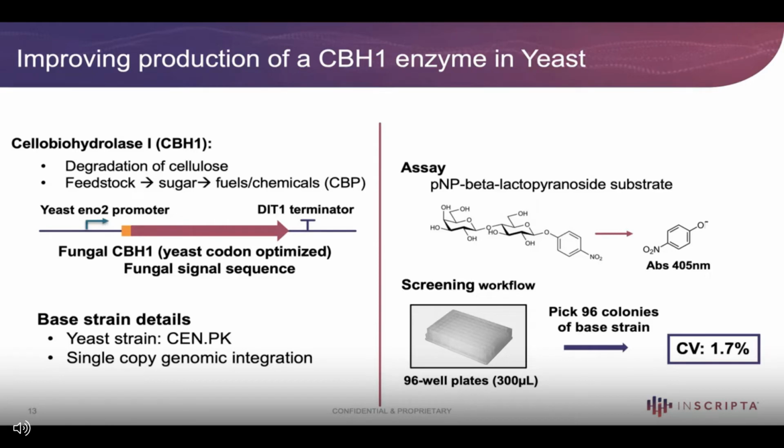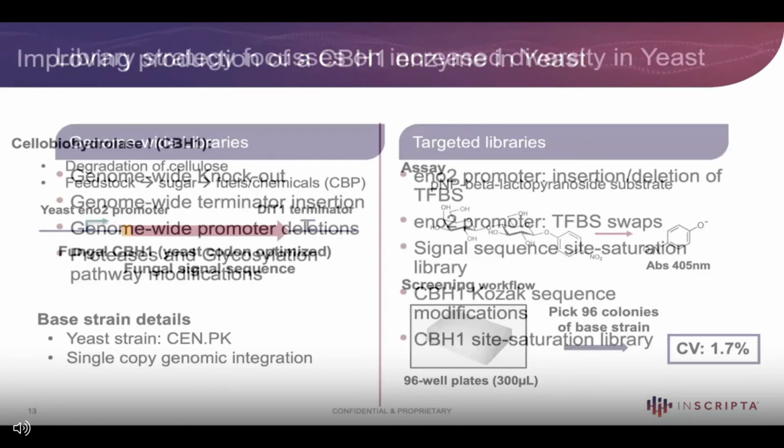We had an absorbance-based assay at 405 nm to be able to assay the actual activity and give a readout on the amount of protein that's available. And then we executed on a screening workflow. This execution was done by Eric Abate at Inscripta, where he screened through many different colonies to be able to identify genome variants that improved expression.